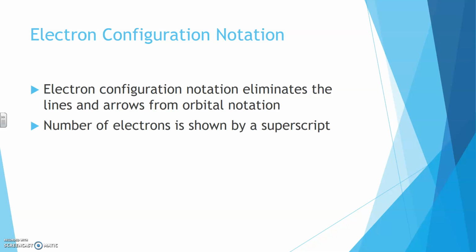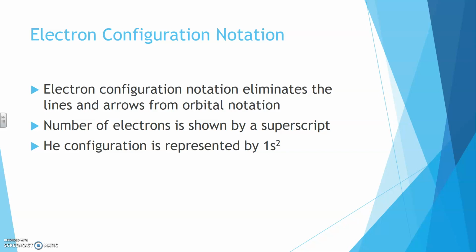The number of electrons is shown by a superscript, so it'll look like an exponent when you write it. You basically write the name of the orbital, and then in the superscript, write the number of electrons that are in that orbital. So for helium, because helium only has a 1s orbital, but it has 2 electrons in that 1s orbital, you would write its electron configuration as 1s2.